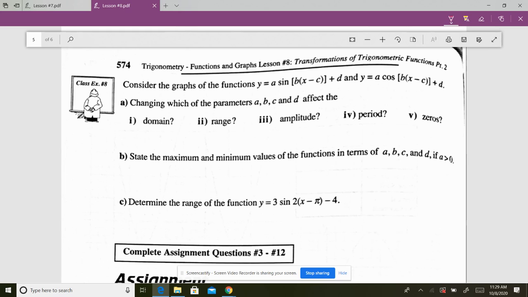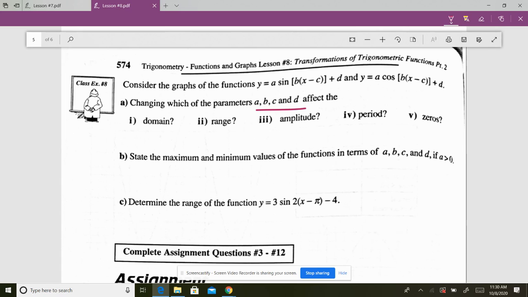Okay. So we have our 4 values, A, B, C, and D for sine and cosine graphs. Which ones affect the domain of the graph, i.e., they would introduce asymptotes or undefined points? Do any of A, B, C, and D do that?